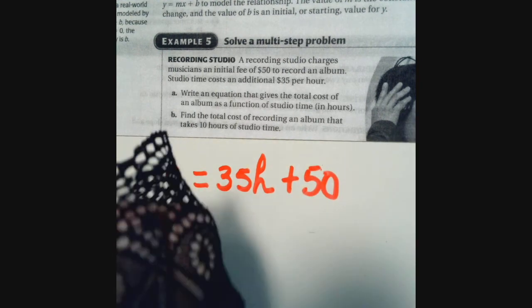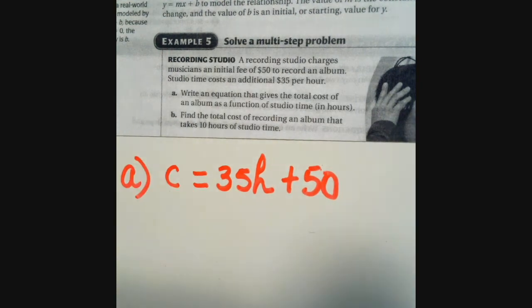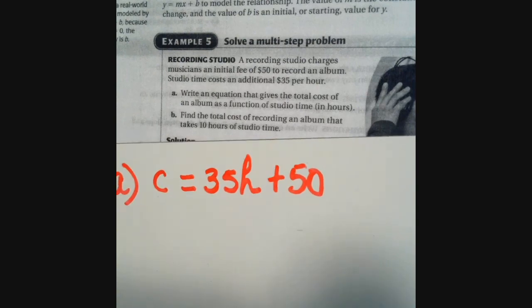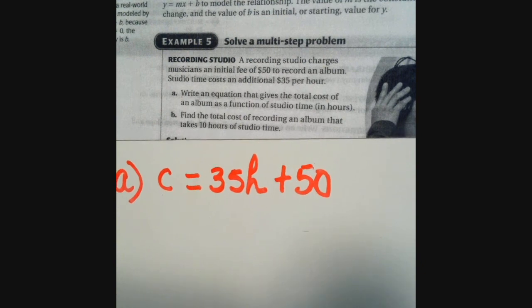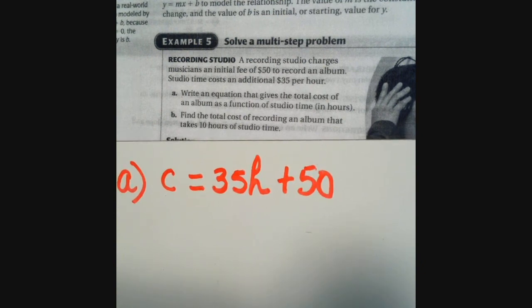So that is A. You have written an equation. It's real simple. You're going to see this over and over again. You just have to understand what the slope is and understand what the initial fee is. And if you read the word problem, you'll be able to figure it out pretty easy. Slope normally has per or the same rate or the same thing for 12 months, and you'll be able to figure out what the slope is.